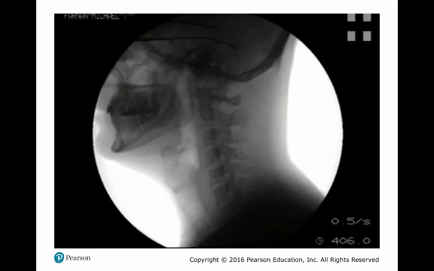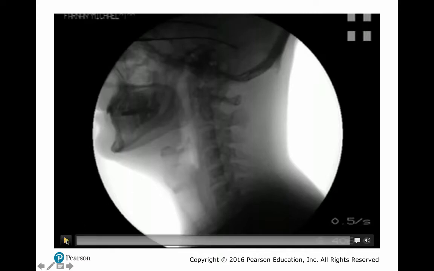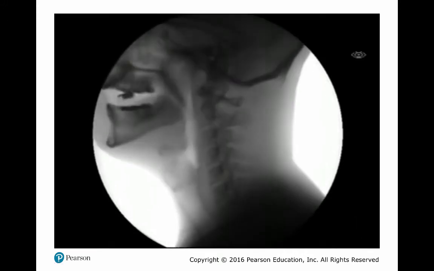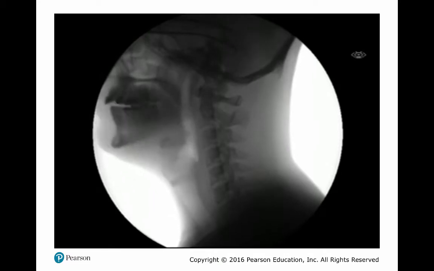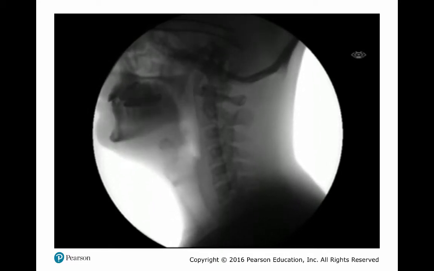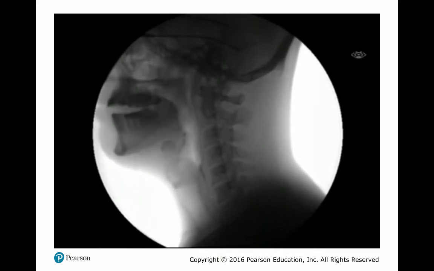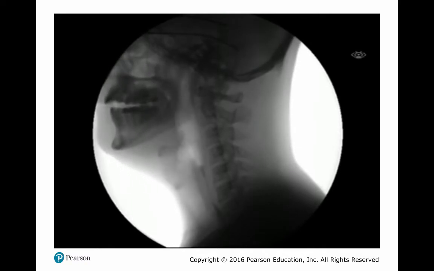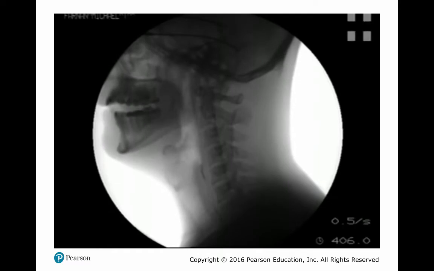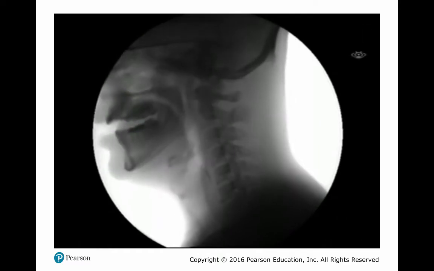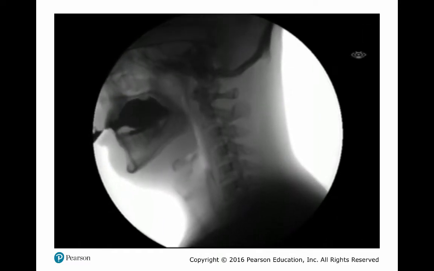And so I thought this was kind of cool if you wanted to see what it looked like with someone actually swallowing. So here you can see the food moving around from the stomach. And you can see some of that going from the buccal phase, the very beginning, and then once it starts moving down, going into that pharyngeal phase.